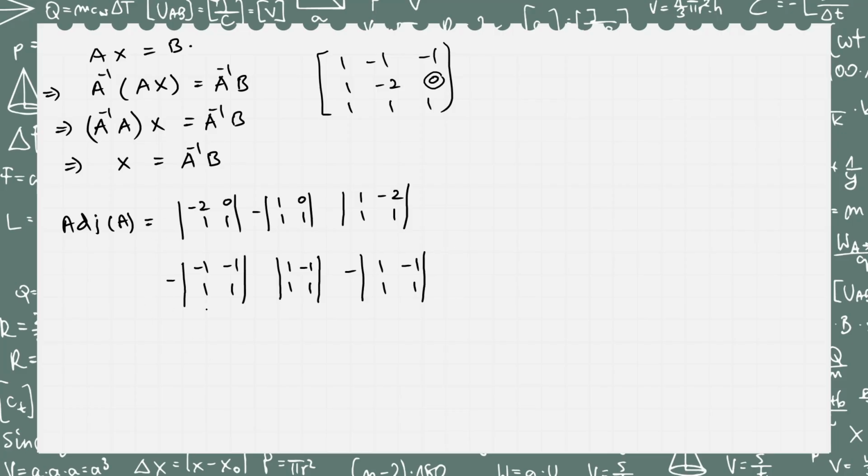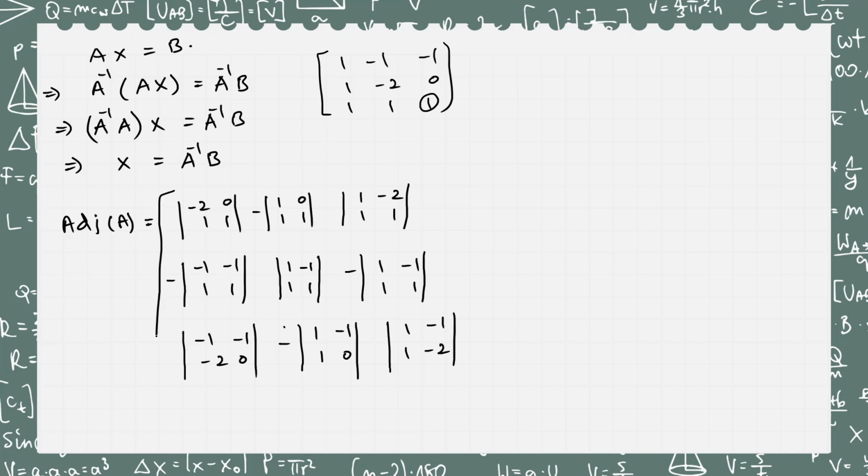And the third row first column entry, this guy's minor will be having a plus sign, which is minus 1 minus 1 minus 2 0. And the third row second column, this guy's minor will be having a minus sign, and that will be 1 minus 1 1 0, and the third entry's minor will be plus sign. It will be 1 minus 1 1 minus 2.